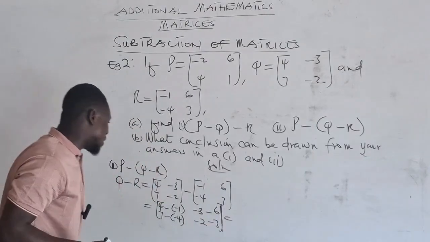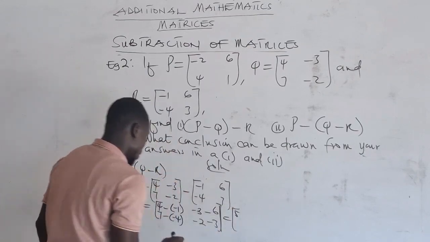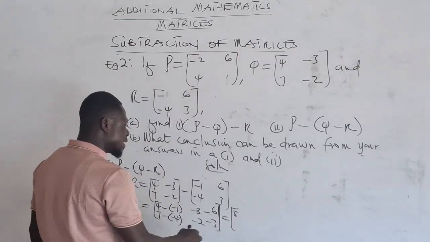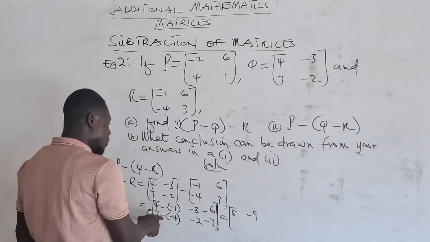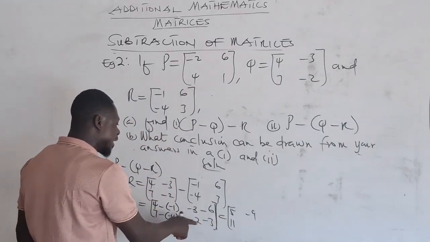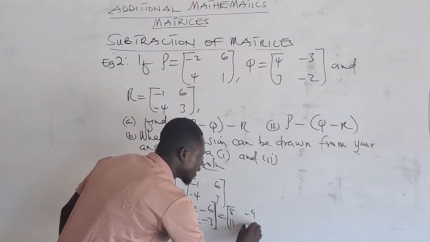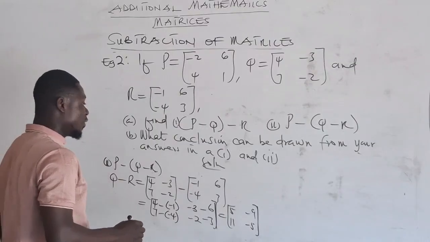So this will give us 5. Negative 3 minus 6 will give us negative 9. 7 minus negative 4 will be 11. And finally, negative 2 minus 3 will be negative 5. So we have gotten the first part of the question.